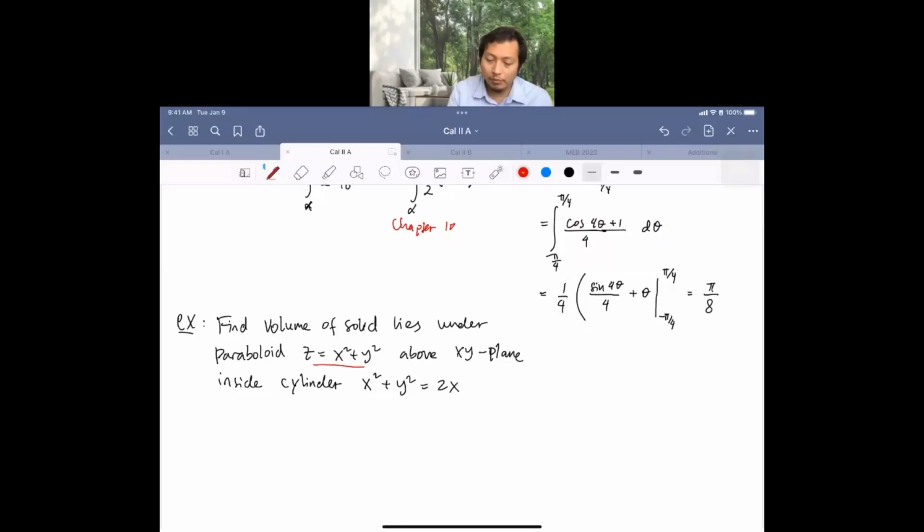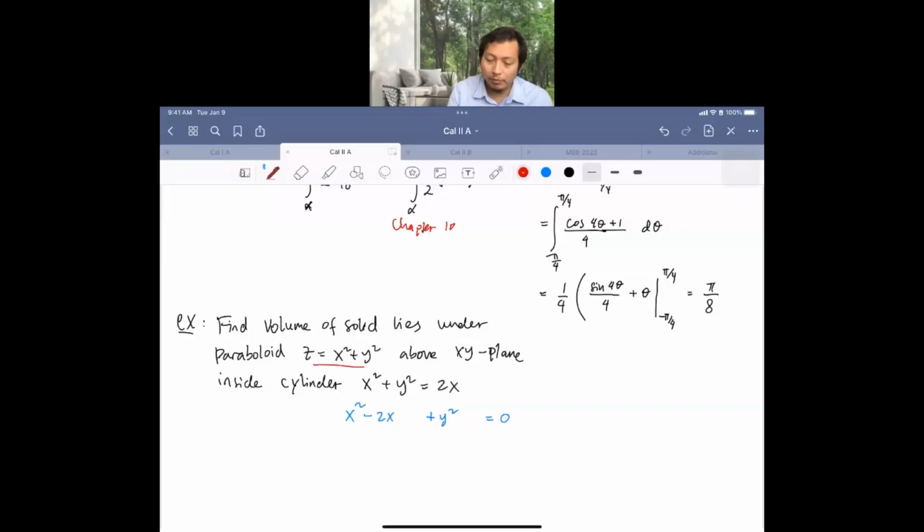And then the cylinder, what you can do is simplify it by grouping and see what equation you get.